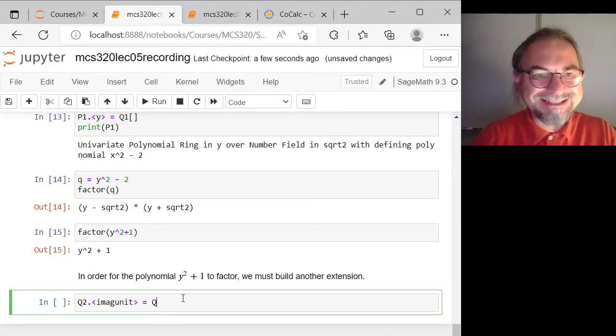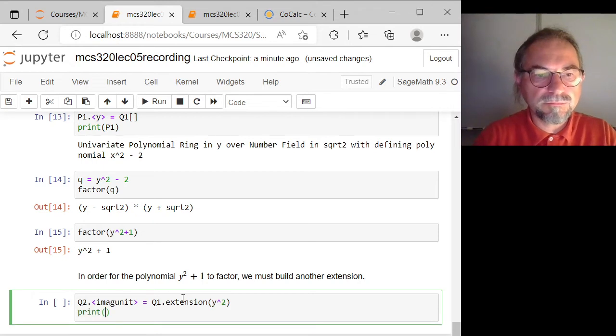So I will extend q1 with the polynomial y squared plus 1, q2.